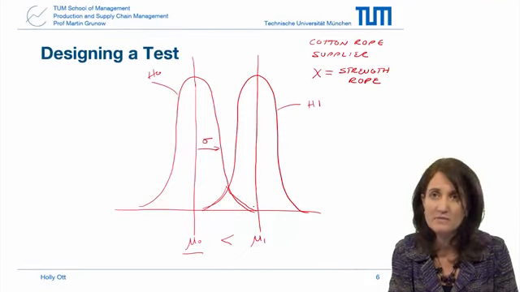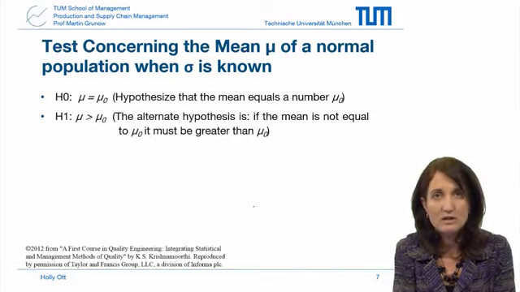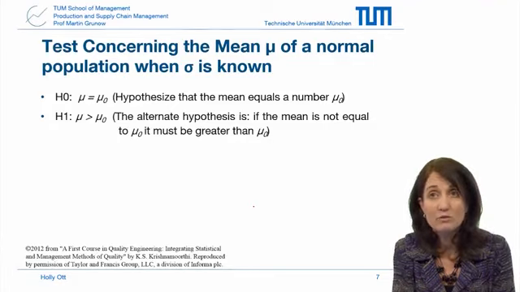We hypothesize that our mean is equal to our current mean, mu0. Our alternative hypothesis H1 is set up to reflect the claim. And that means if the mean is not equal to mu0, then it would be, in this case, greater, because we're looking at the strength of rope, and the claim is that it's greater.